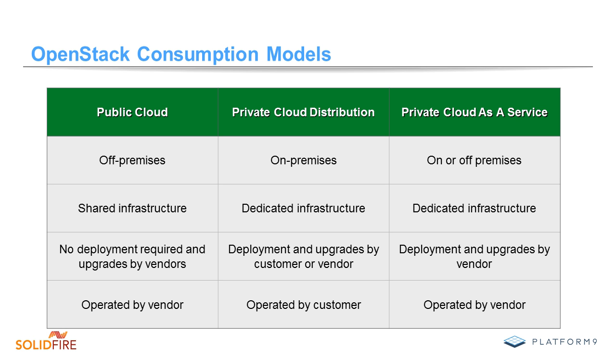And then the third consumption model that's beginning to get a lot of traction is what we call private cloud as a service, which in a sense is a hybrid between the two models, in that these are solutions around OpenStack where the end user consumes OpenStack as though it was a public cloud, except that it's a single tenant model, and the operations of that cloud is not done by the end user, but actually by some service provider.